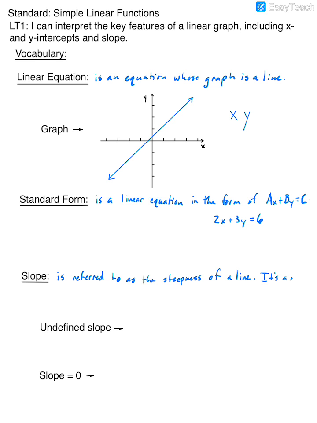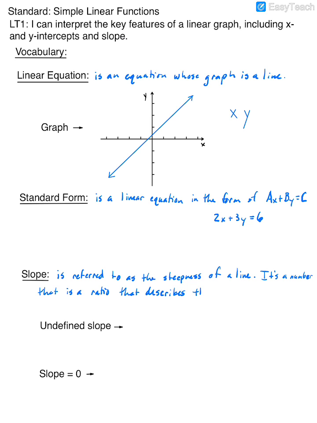It's a number that is a ratio that describes the tilt of a line. Okay? And we mainly describe slope as the ratio of rise over run.